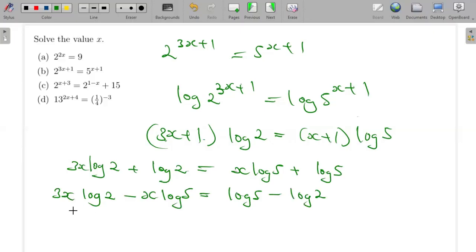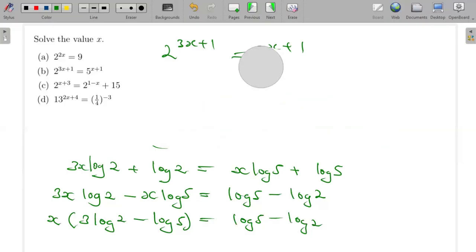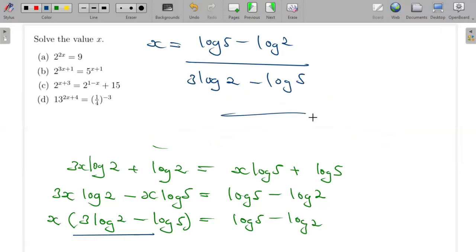And then I can factor out x here, and I'll have 3 log 2 minus log 5 there. And this is equal to log 5 minus log 2. Then from here, you can just divide. So I have x, I'll divide by this on both sides, such that I have log 5 minus log 2 divided by 3 log 2 minus log 5, like that. So this here is going to be my answer.